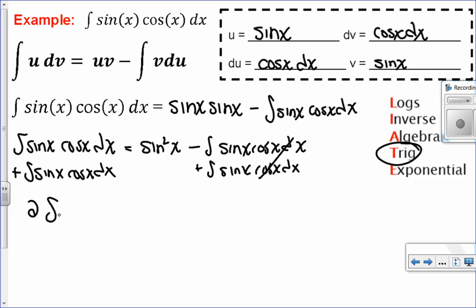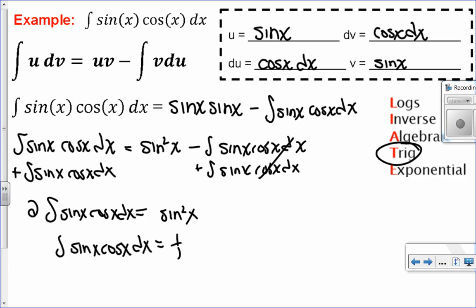So here I'm left with 2 times the integral of sine x cos x dx equal to sine squared x. So all I have to do then is divide both sides by 2, and I'll get the integral of sine x cos x dx is equal to 1/2 sine squared x plus c. So that worked out nicely.